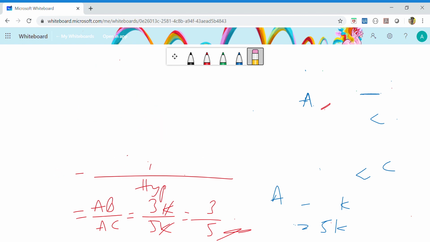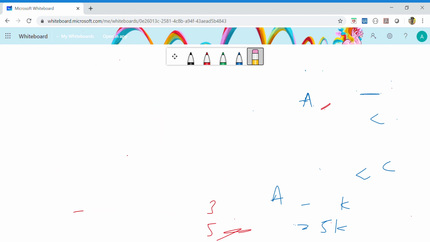Next, the sixth one. Many people will get confused, but it is very easy if you understand it properly. So I will explain the sixth one of exercise 11.1.